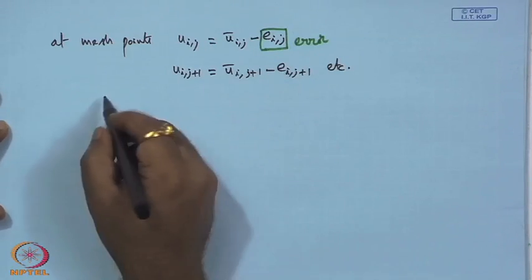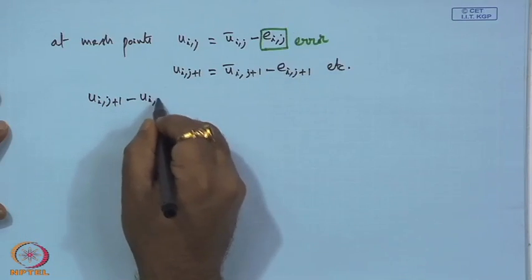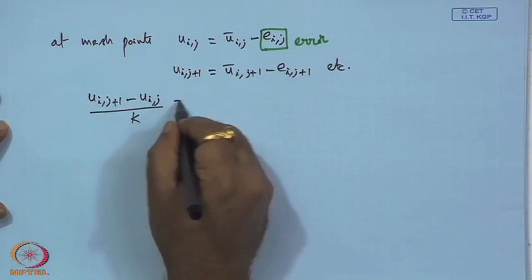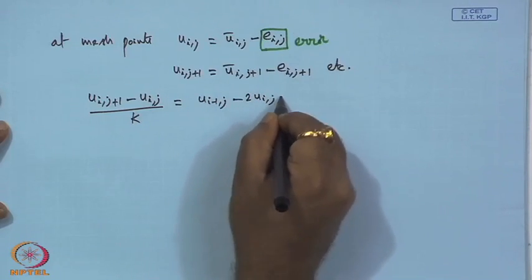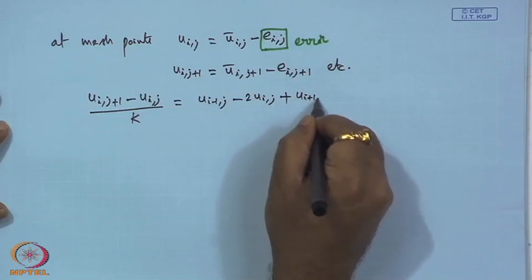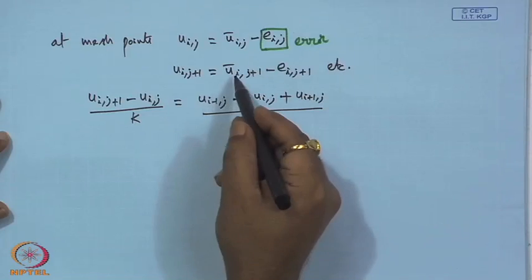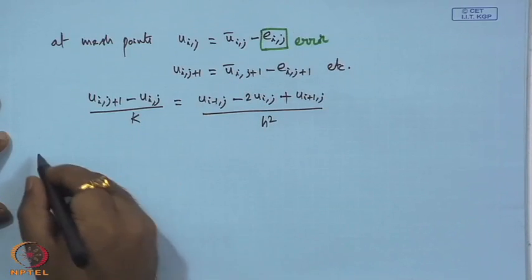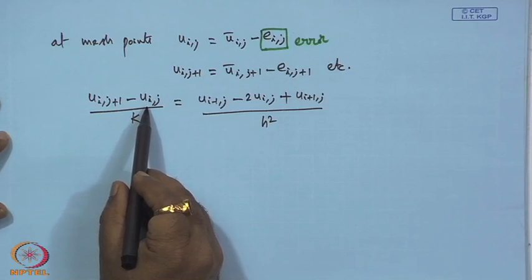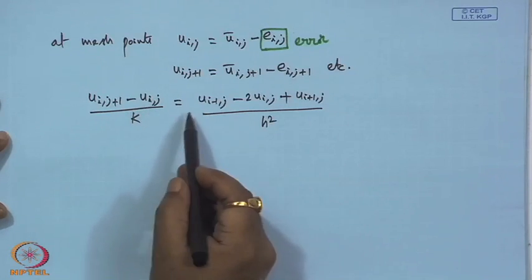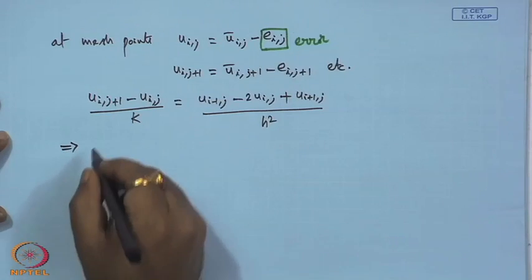So, now consider our scheme. Substitute this in this scheme, we get, so left hand side u i j plus 1 minus u i j. Okay. So, we have our, so you can convert this into equivalent form.